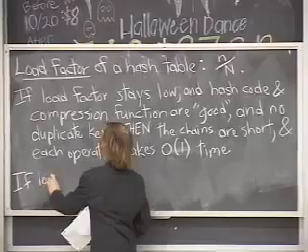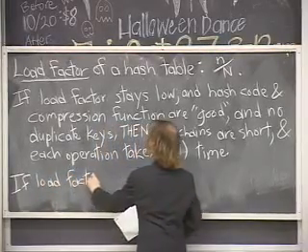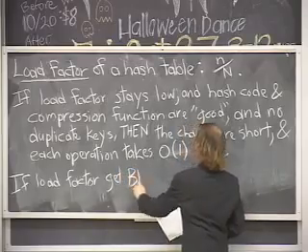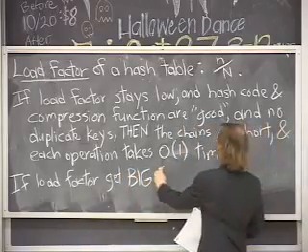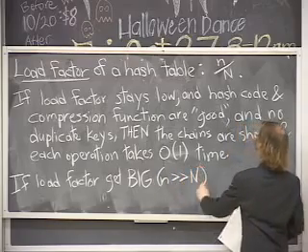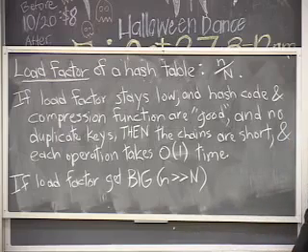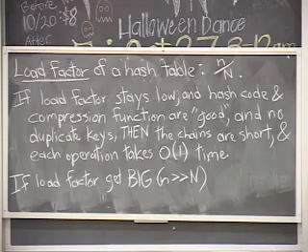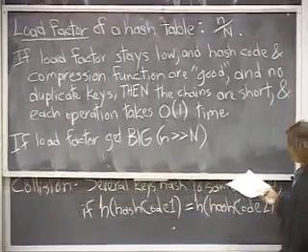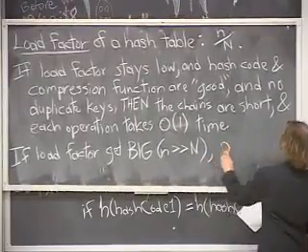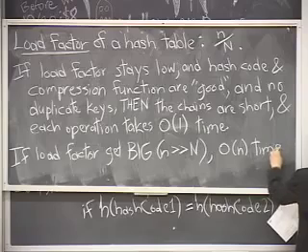In other words, if the load factor gets really large, and by really large, I mean that little n is way, way bigger than big N by a huge margin, or little n keeps growing, the number of items keeps growing, but the size of the hash table isn't growing, it's staying the same, then these chains are going to get as long as, well, on average, little n over big N. And so in the limit, as little n keeps getting bigger and bigger, this is going to run in linear time, which is very slow. Well, let's say theta n time.